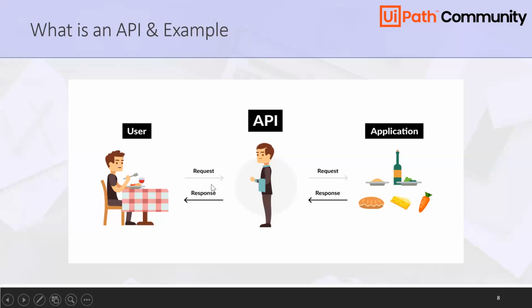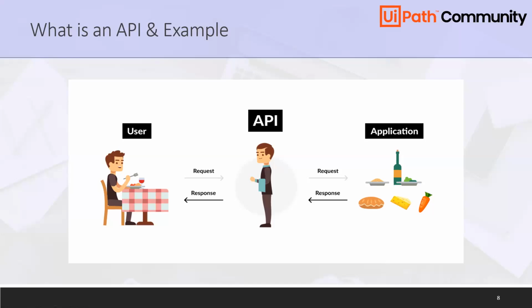Instead, you request the pizza through the waiter. He goes to the kitchen, gets your dish cooked, and serves you the food. In this case, the interface between you and the kitchen is your waiter. It is his responsibility to carry the request from you to the kitchen and, once the dish is cooked, to get back to you with the response. So this was the short story of an API with a real-world example.